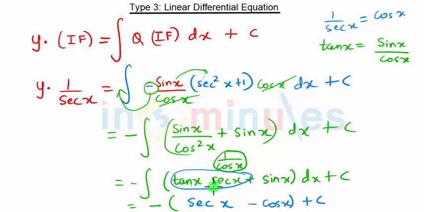This is the direct formula you have to remember. If I take this minus sign inside, this will become minus sec x, and this minus into minus will become plus cos x. And this is why 1 upon sec x is cos x. So this is the solution of this equation, and this is how we solve a problem on linear differential equation. More such problems we will see in our next video, so stay tuned for our future lectures.